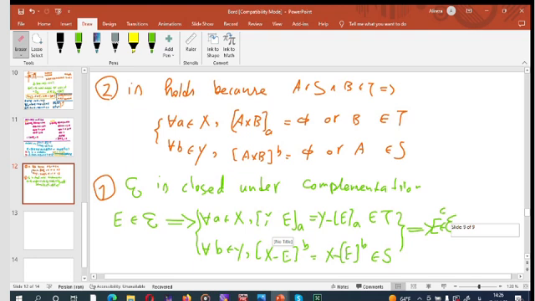We must write X multiplied by Y minus E, because E is a subset of X multiplied by Y.